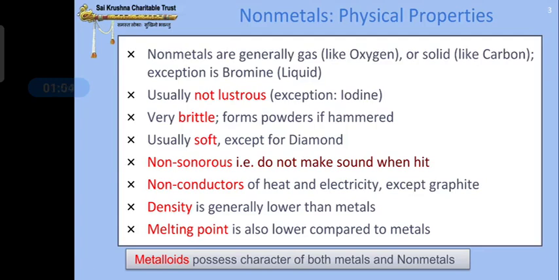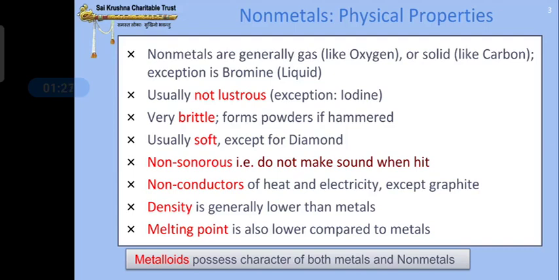The third point is they are very brittle, which means they form powders if hammered. They are soft in nature, not very hard, usually soft except for diamond. Diamond is the hardest non-metal. Other than that, all other non-metals are soft.